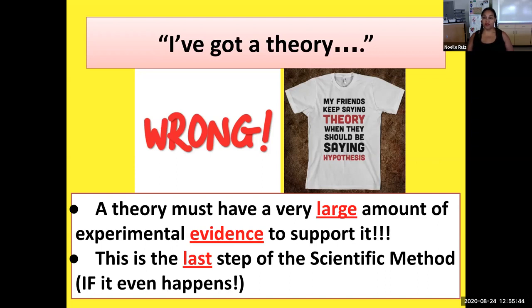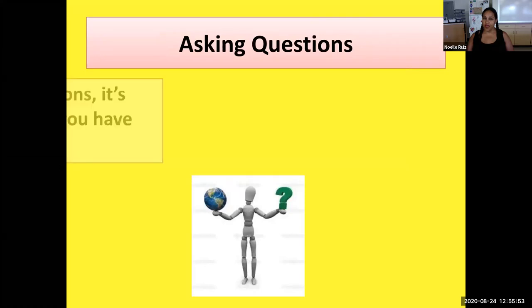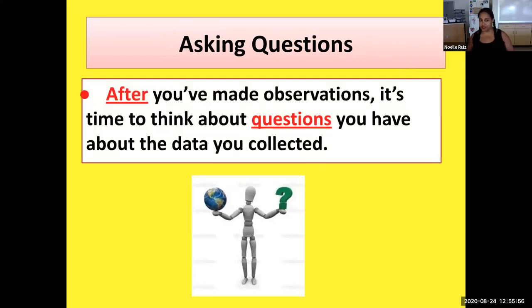So you guys should just be filling in the blanks. Asking questions. After you've made your observations, it's time to think about questions you have about the data you collected.